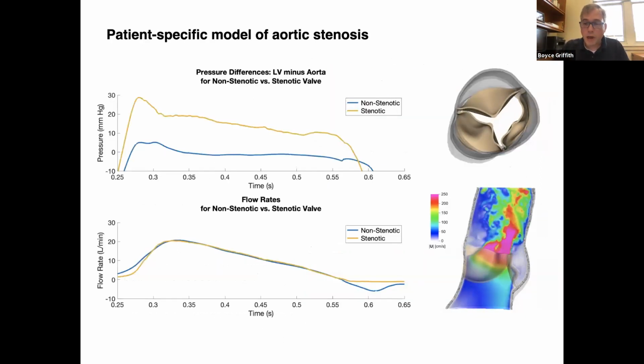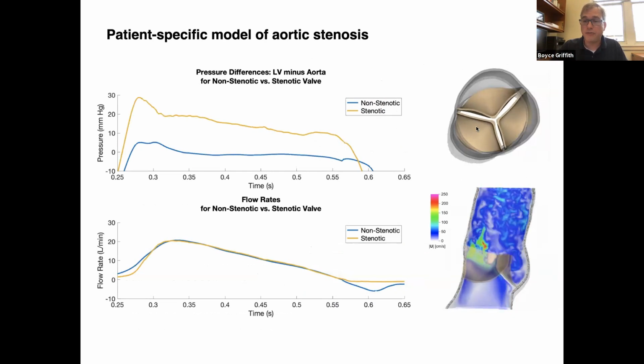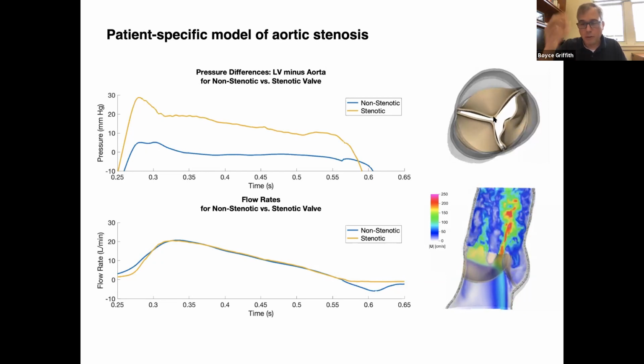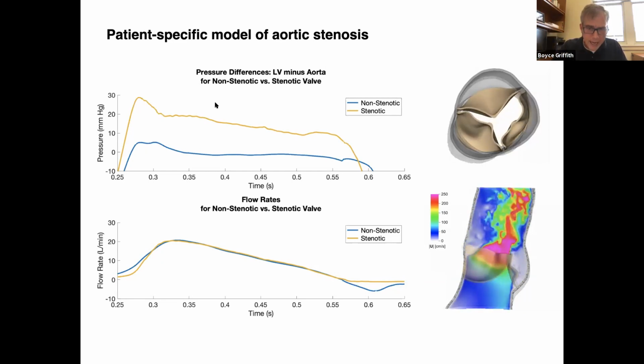Okay, so we have put together a patient-specific aortic stenosis model. Here we don't have specific discrete calcium nodules. We've made the leaflets uniformly stiffer. But we've been able to set up a model that corresponds to a patient that received a TAVR device.